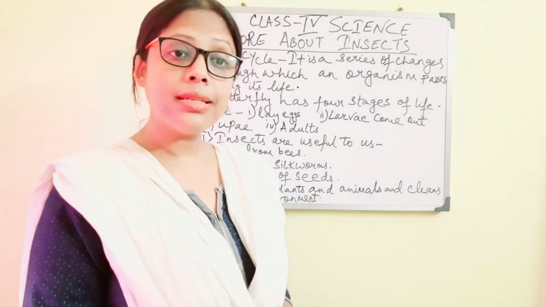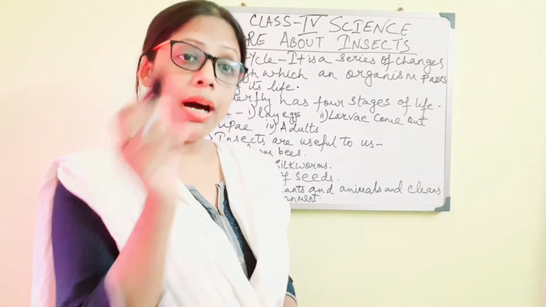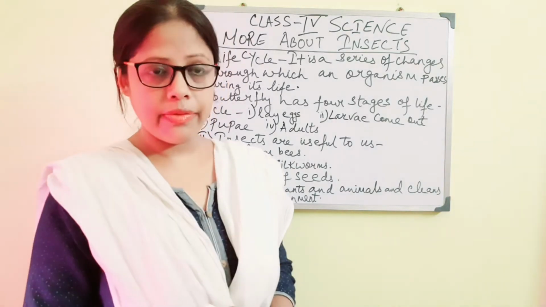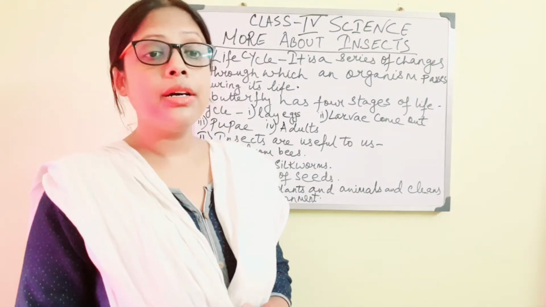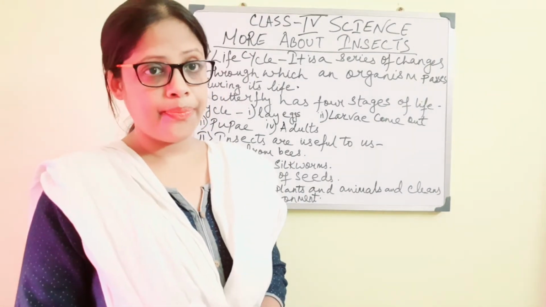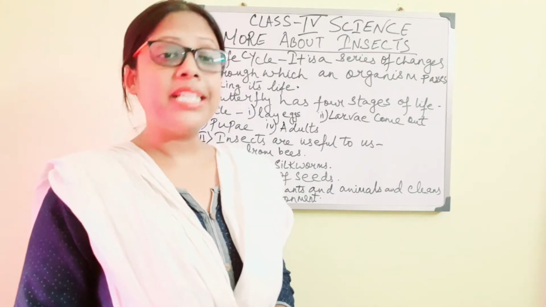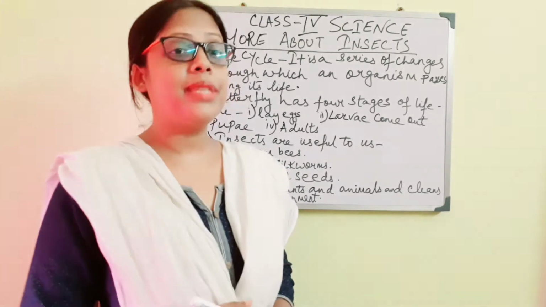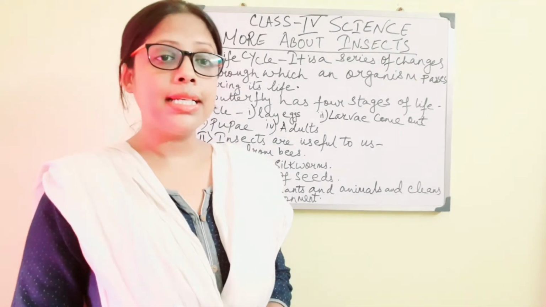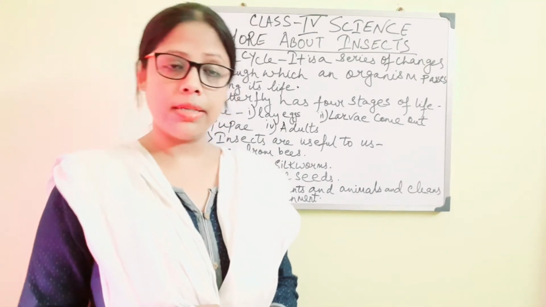What it builds? It builds a cocoon around itself. And this is the pupa stage. And the fourth stage is the butterfly comes up from this cocoon and they become adult.